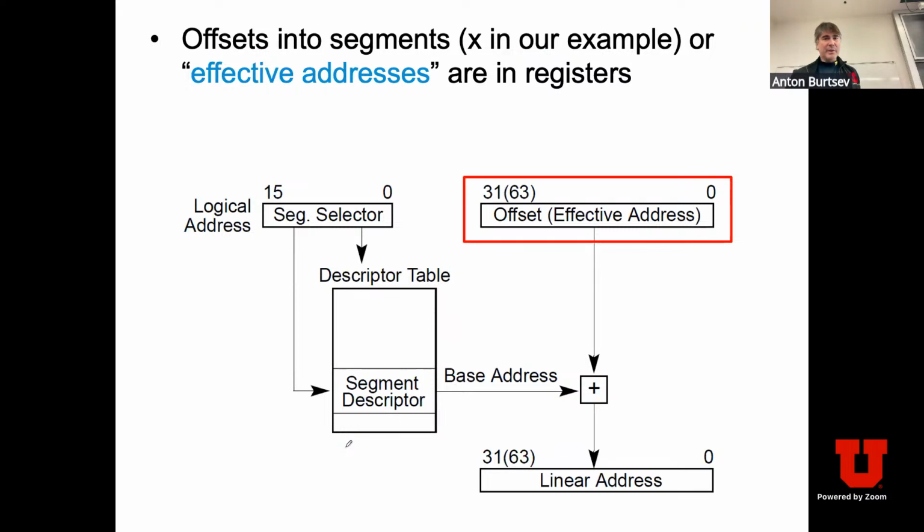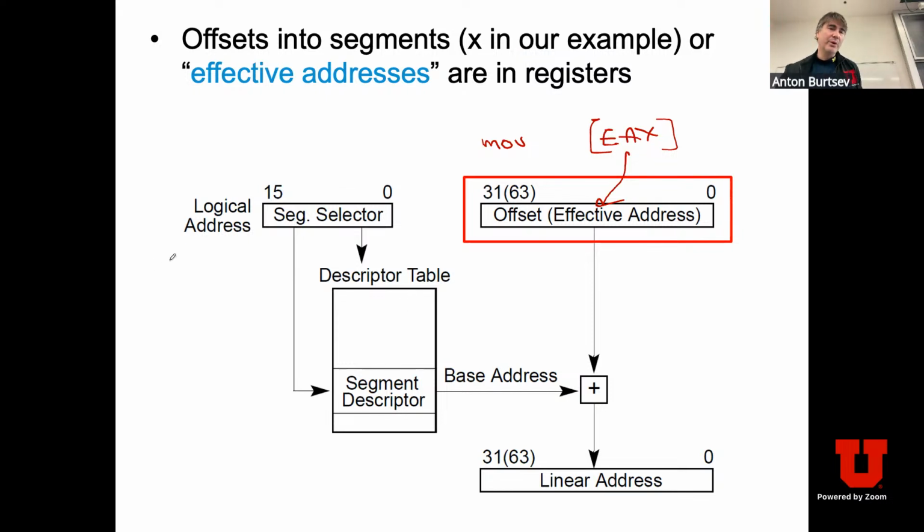Okay, so we covered all these ideas. This is clear: if we have a move instruction which loads something from the address pointed to by the EAX register, that is the effective address. This doesn't change.